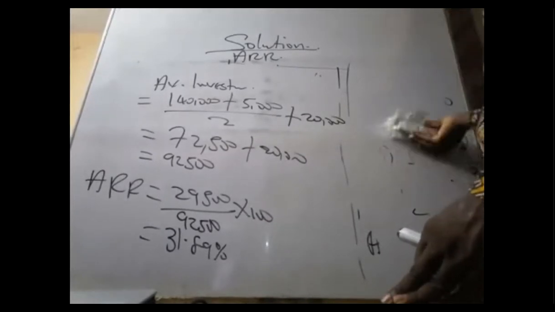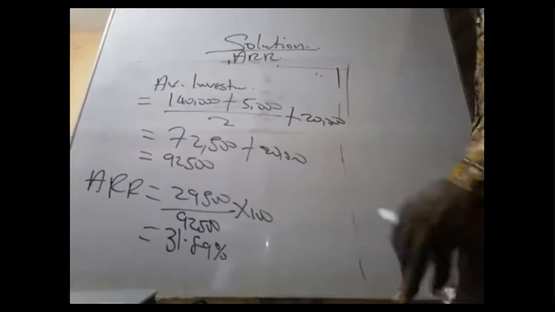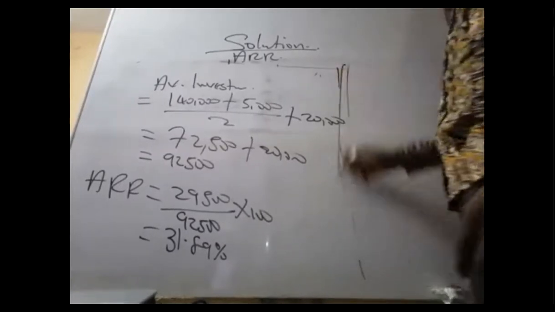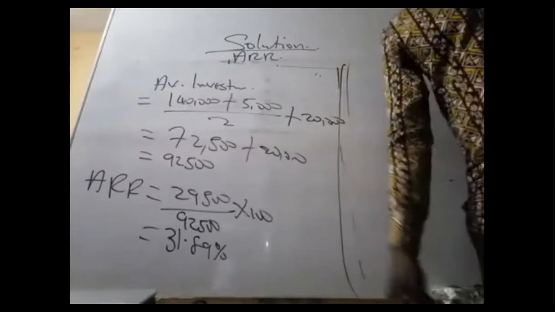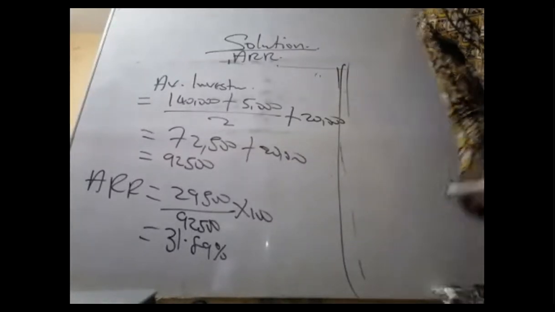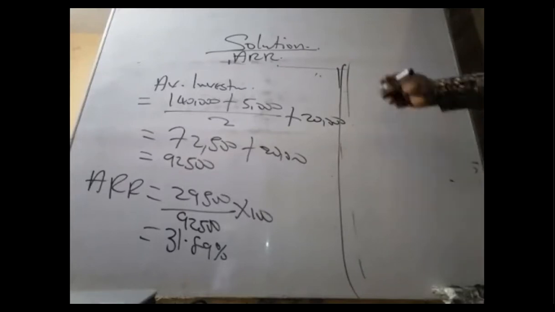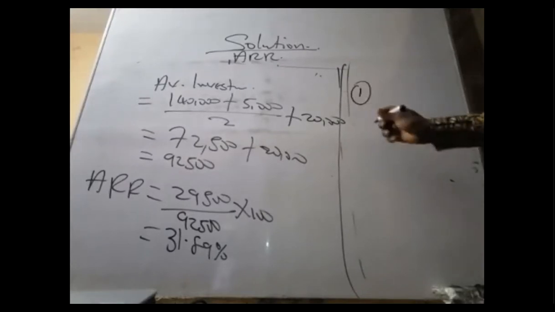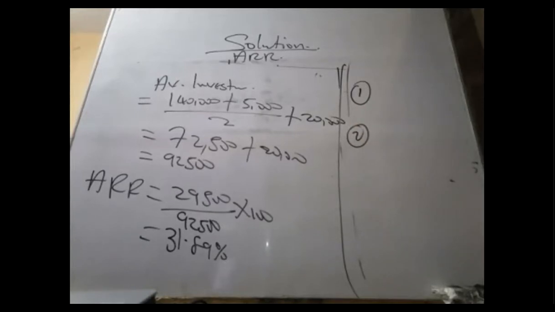On what basis do you select a project using accounting rate of return? First, every company has a target ROCE or a target rate. So you compare with the following two items and select it if it is higher than the following two items.